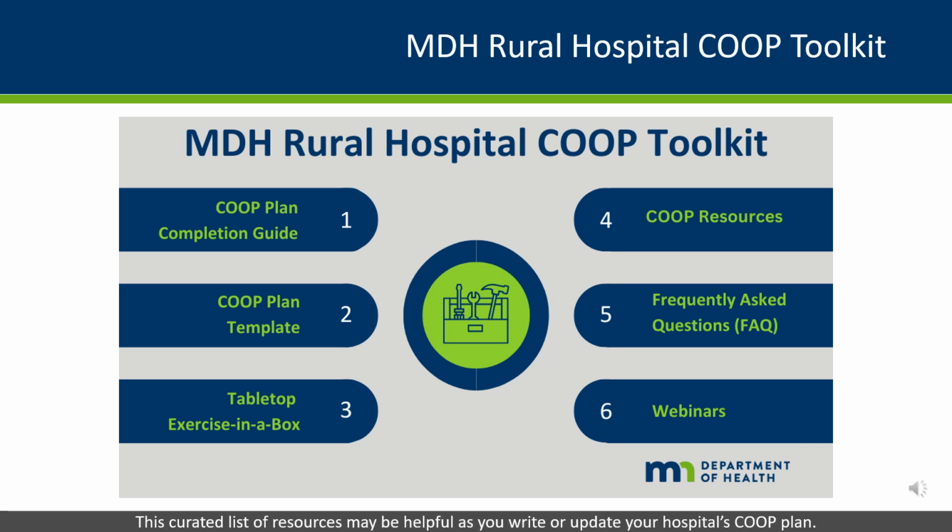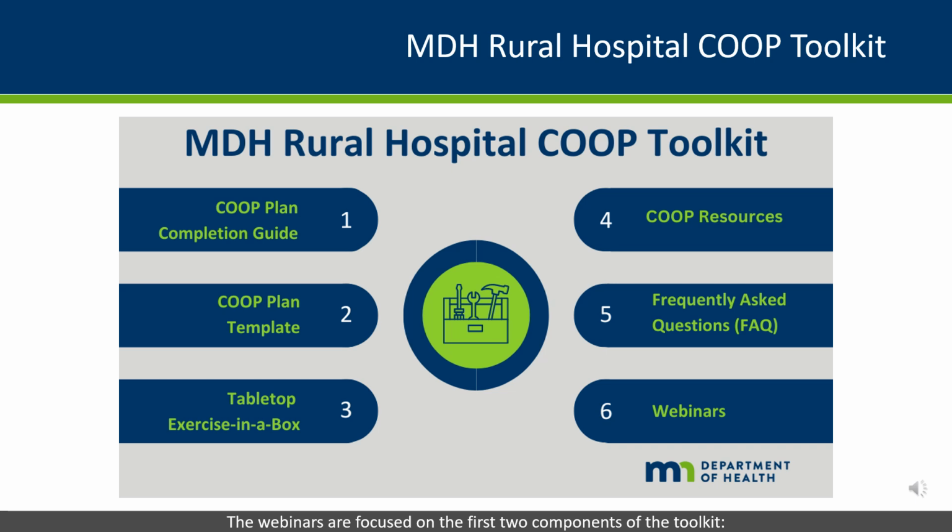This curated list of resources may be helpful as you write or update your hospital's COOP plan. The fifth component is a frequently asked questions document to help you explain COOP planning to your peers and executive leaders. The sixth and final component of this toolkit is this series of webinars to help continuity planners complete or update their hospital's COOP plan.